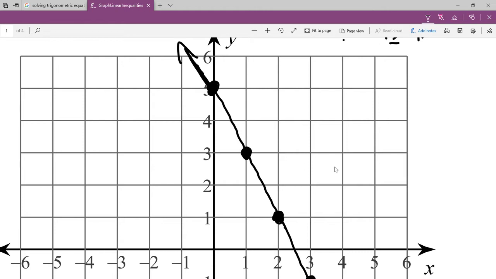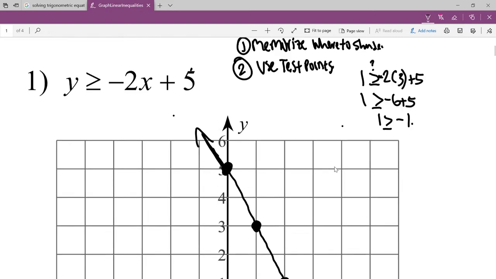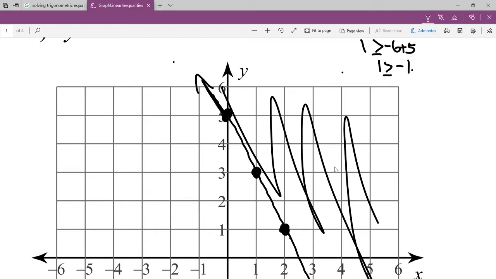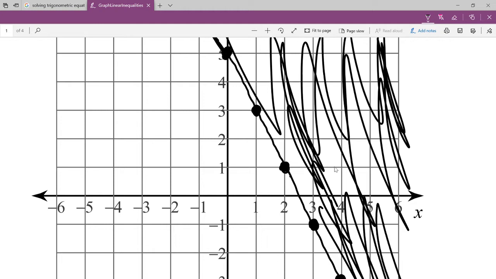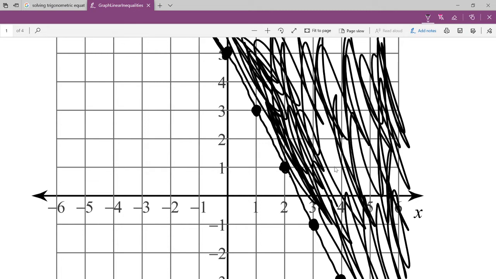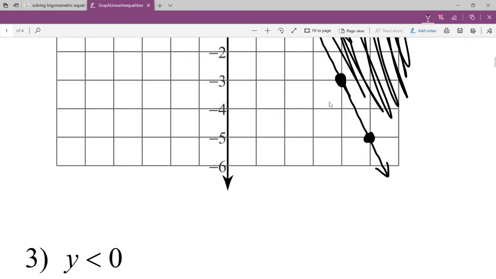So since it is, this entire area is going to be shaded. When you shade this entire area, that means all the points above this line are included in the solution to this inequality.